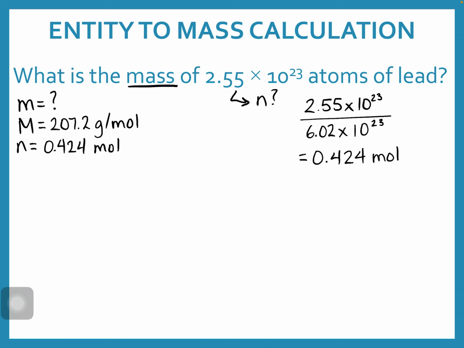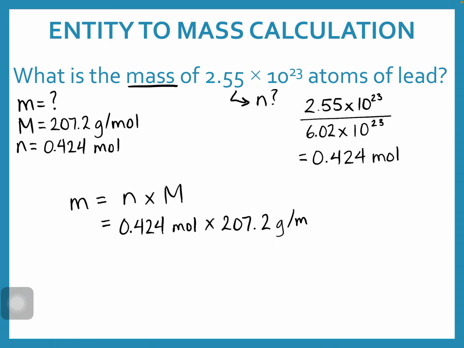So 2.55 times 10 to the 23 atoms of lead is equal to 0.424 moles of lead, and my mass is, once again, number of moles times molar mass, which is 0.424 moles times 207.2 grams per mole. The moles cancel, leaving me with grams, and that is equal to 87.9 grams.